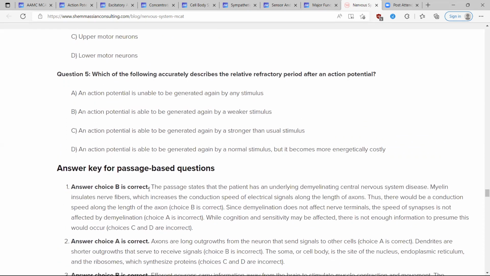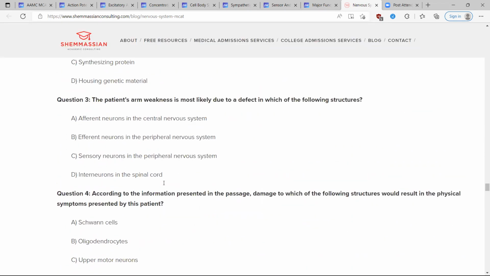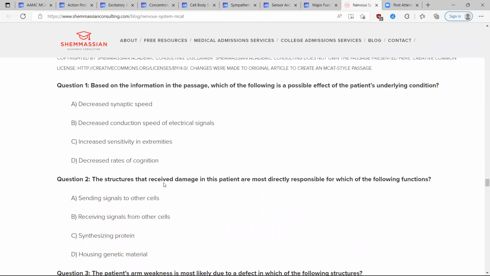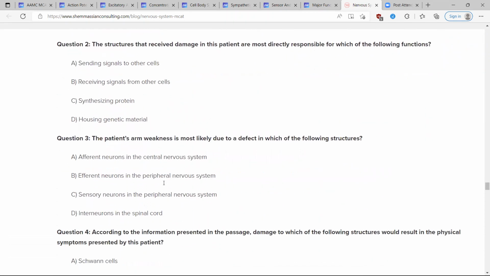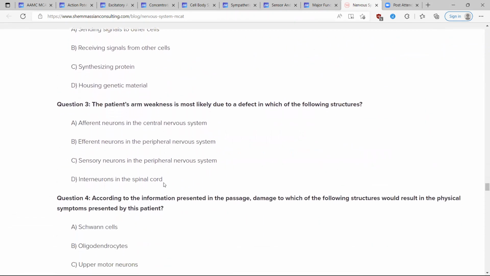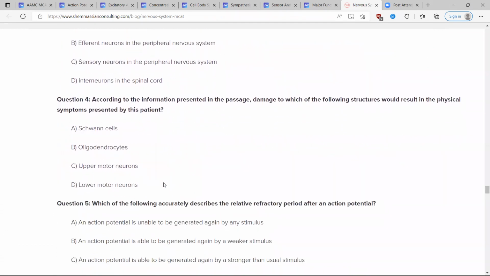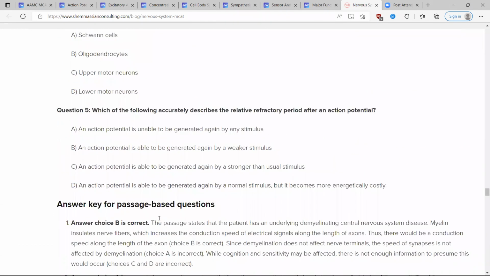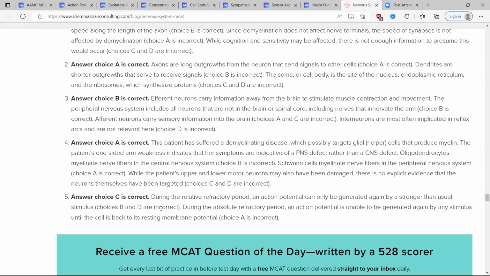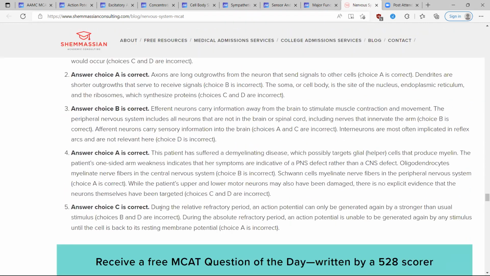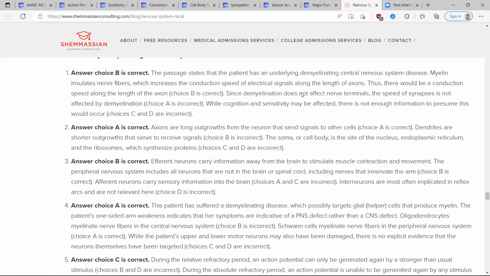So we had B. Oh, I forgot to take the choices. Yeah, B, A, B, A, C. Yep. Boom. So that's in a nutshell the nervous system.